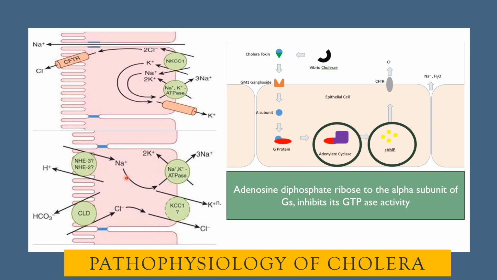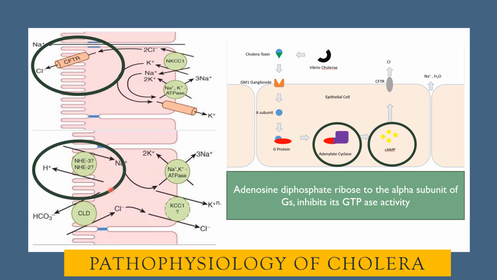So what happens in case of higher adenyl cyclase activity and high production of cAMP? These two things will be changed. The function of this CFTR is increased.